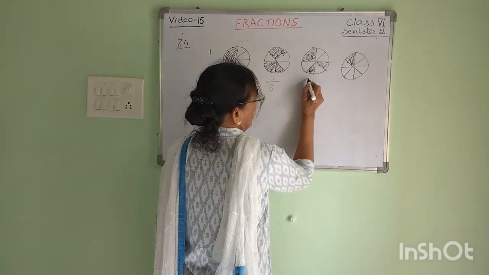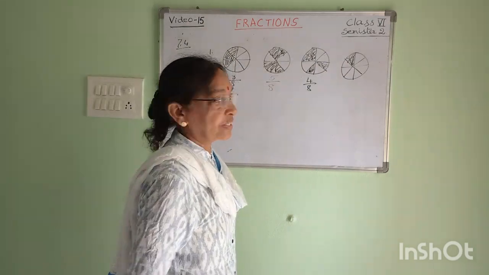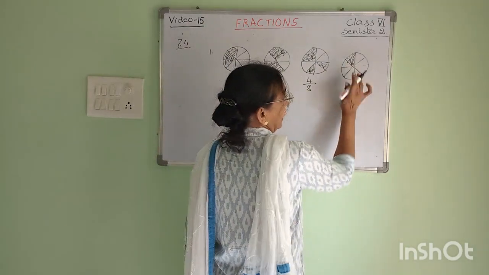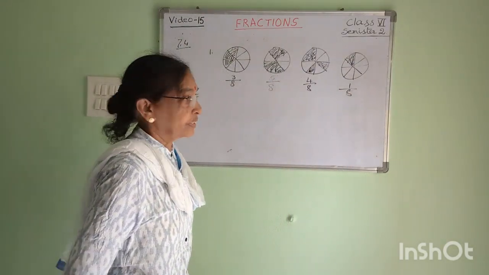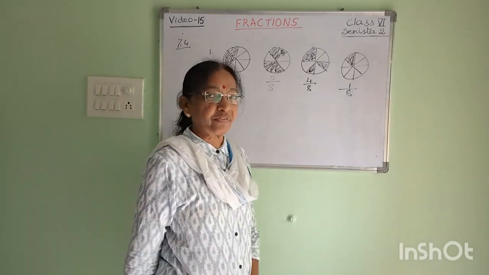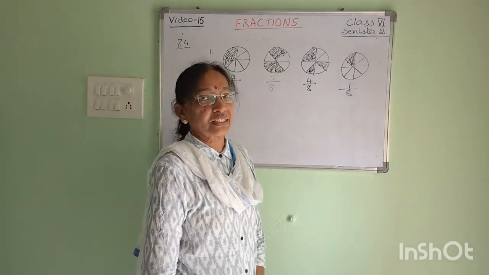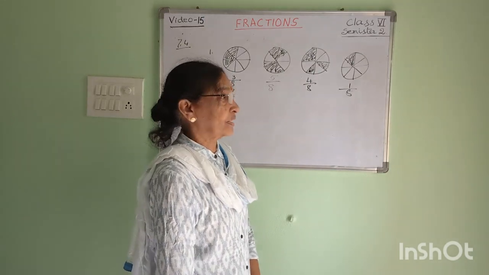Here 4 parts are shaded, therefore 4 by 8. Here out of 8 parts only 1 part is shaded, so 1 by 8. So all the fractions here are like fractions. Therefore it is easy to write them in increasing or decreasing order.